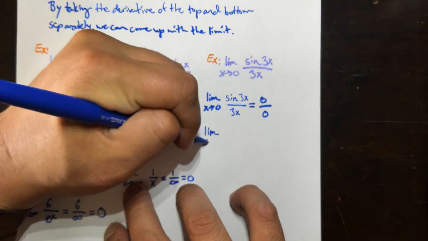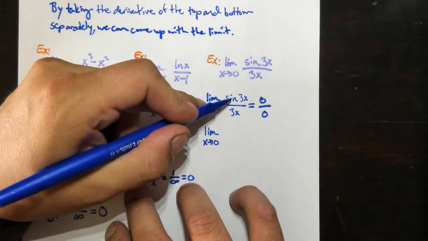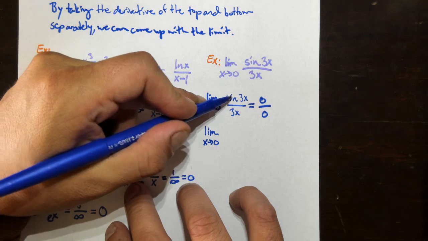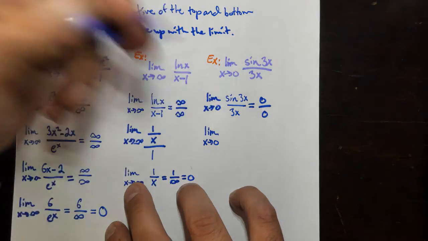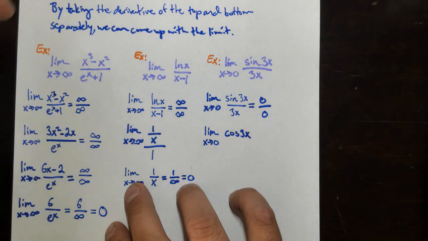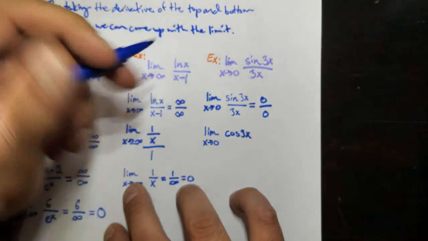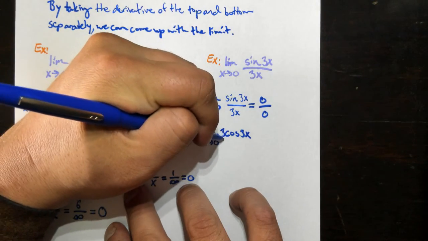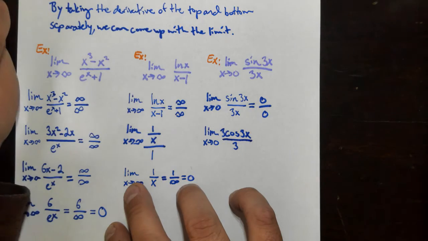The limit as x approaches 0. We're going to have to use the chain rule here. The derivative of the outside is cosine of 3x times the derivative of the inside, which is 3x, so that's just 3. Our derivative is 3 cosine 3x over 3.